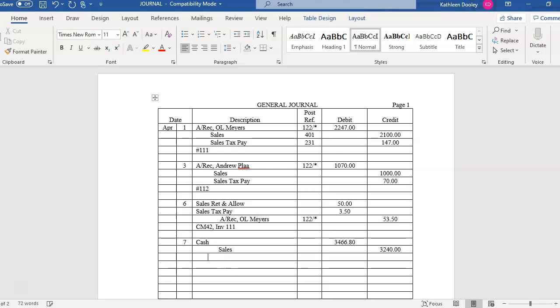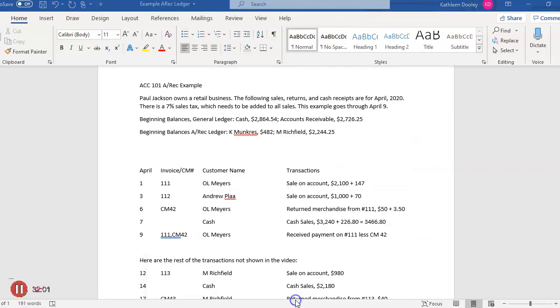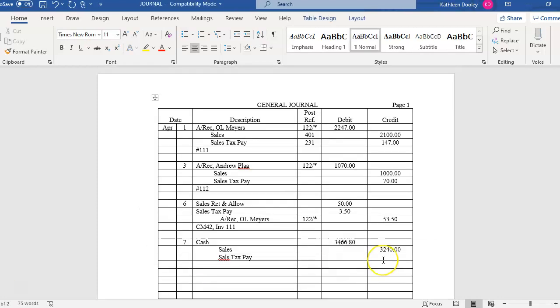And we're going to also credit sales tax payable. And how much was that? That was $226.80. Okay, so we make sure that our debits equal our credits.